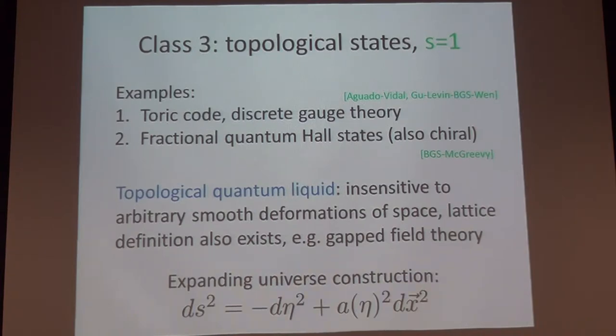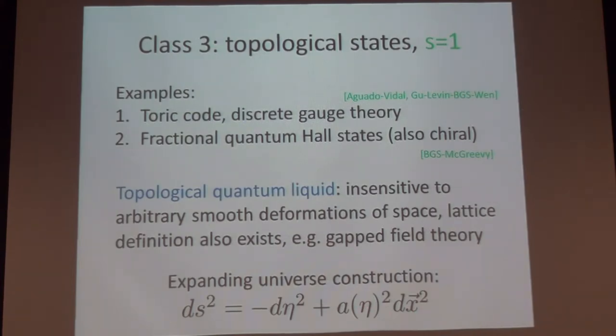To be precise, you could use a construction which we call the expanding universe construction, inspired by our own universe, where you take a space-time metric which consists of some time and some scale factor A which is increasing with time, times a flat space, let's say.